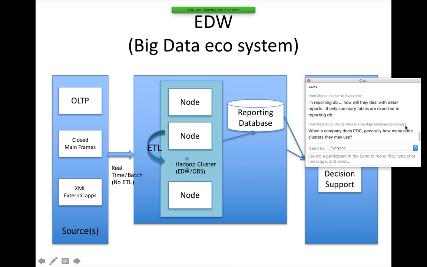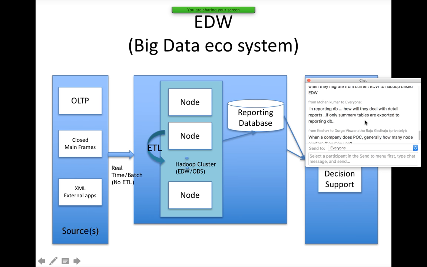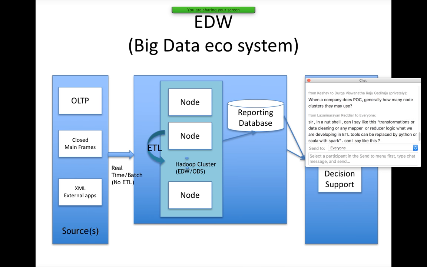Okay, and then Mohan asks, in the reporting database, how will they deal with detailed reports if only summary tables are exported to the reporting DB? Typically, details can be at different levels. Let's stop here, there are too many questions coming in. You have to understand all the tools, and then only you will be able to come up with the solution dealing with all these things.